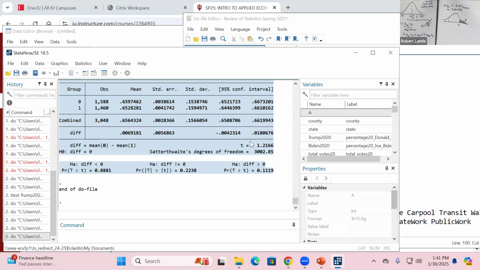And if I ask you questions like why, or if I do ask you what the mean is, just because you give me the code, here's a good one. Let's say I asked you, is there a statistically significant difference in the counties with a long versus short commute? You can give me the code that tells me this. That does not let me know that you know how to find the p-value and what that p-value tells you. So the code is not a complete answer, because you then need to look at this output and tell me the reason why there isn't a difference is because the p-value is greater than our benchmark.